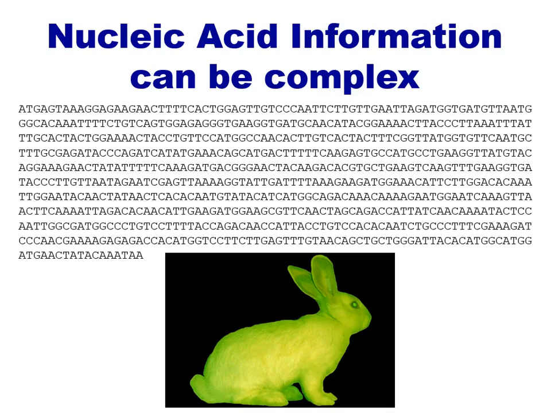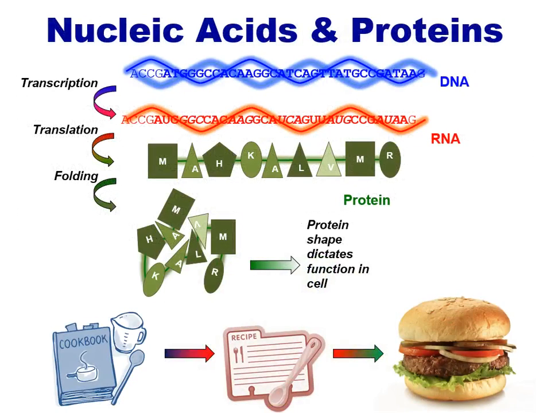The way in which this information is decoded and processed is complex. But in essence, the information found in a molecule of DNA represents a recipe for how to make one or more proteins. This recipe is copied into a working form and then processed, decoded, or translated by a molecular machine in the cell known as the ribosome.